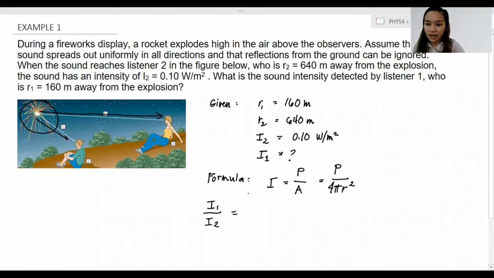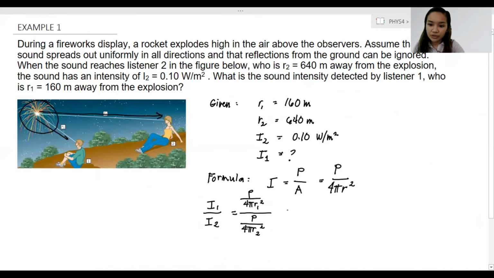Our I1 is equivalent to P over 4 pi r sub 1 squared, the distance of our listener 1 from the explosion, and I2 is equivalent to P over 4 pi r sub 2 squared, the distance of our listener 2 from the explosion.